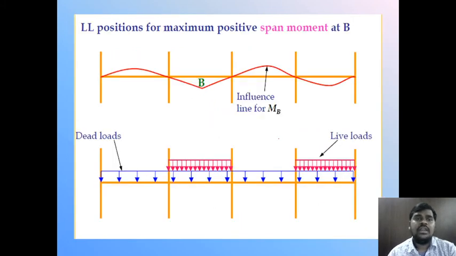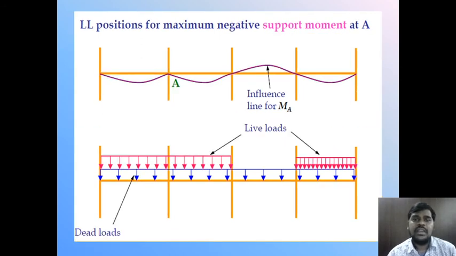If you see here, live load positions for maximum span moment at B. So here we have B. For that, the live load must be at this point and also at this point. So this is one case. For negative maximum support moment at A, if this is A, the pink ones are the live load.